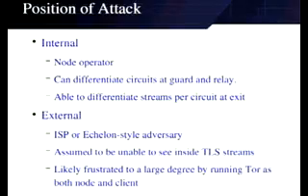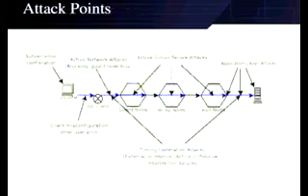I would think a large degree, but obviously we don't know. Solid research hasn't been done, but likely frustrated to at least some degree by running Tor as both a node and a client. So if you run a Tor node, that's where the idea would come from, that you are increasing your anonymity or your privacy by at least frustrating to some degree this sort of adversary.